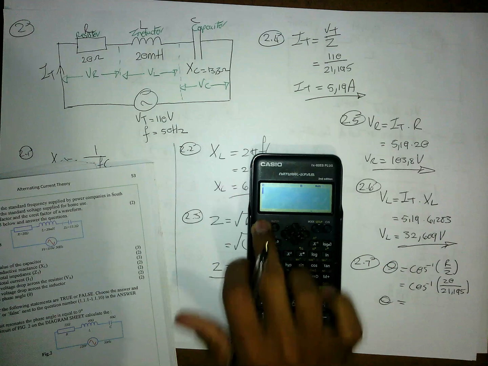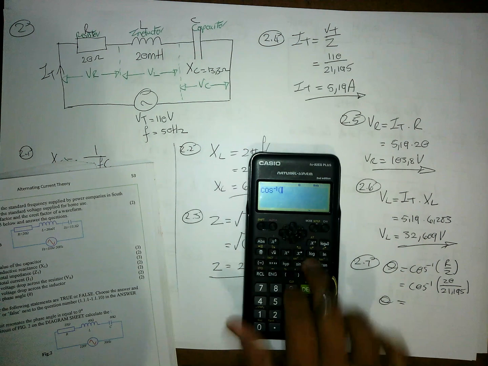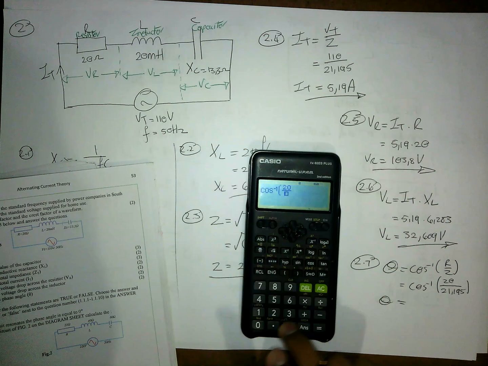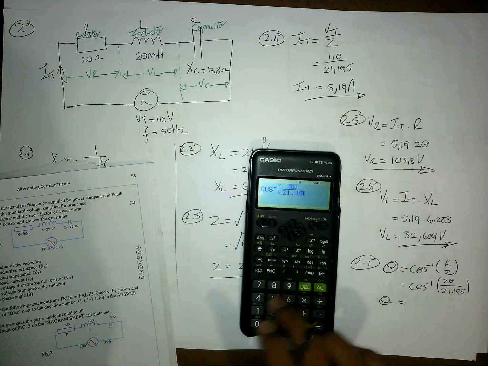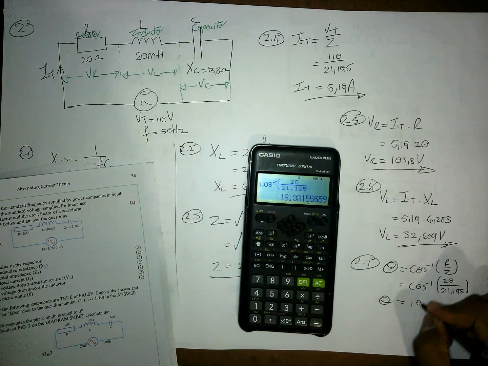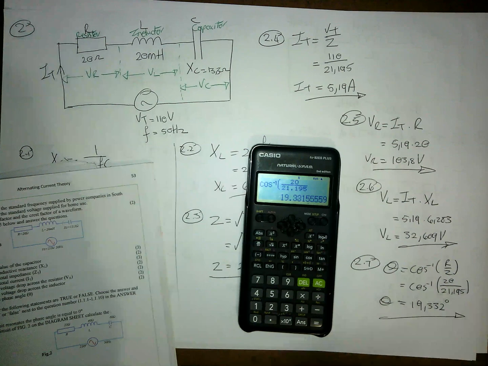So I say shift cos, and then I have 20 over 21,195. It gives me 19,332 degrees. And that is finished with that question.